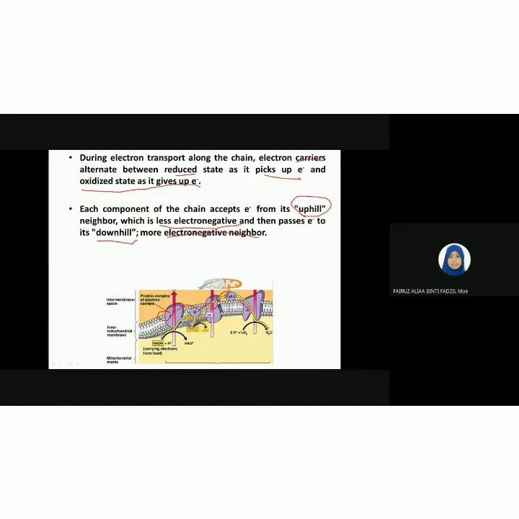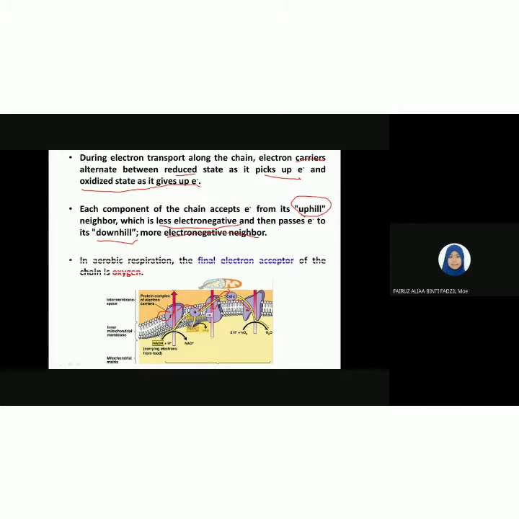So if I ask you which protein complex is the most electronegative, that means complex 4. The one that passes out the electrons is the uphill neighbor. It passes the electrons to the downhill neighbor, which is the next neighbor and is more electronegative than the one before.